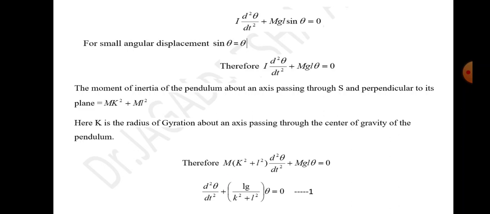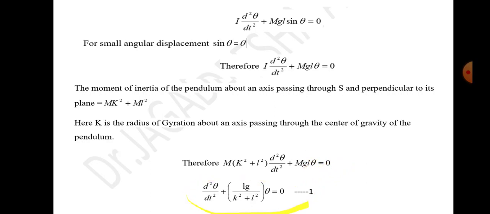In this equation, divide both terms by m into k square plus L square. Then m cancels, leaving d square theta by dt square plus gL theta divided by k square plus L square is equal to 0.